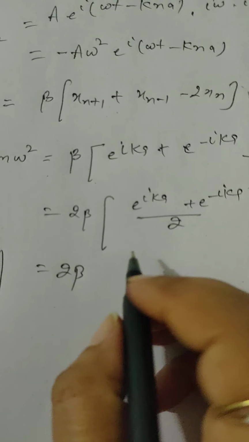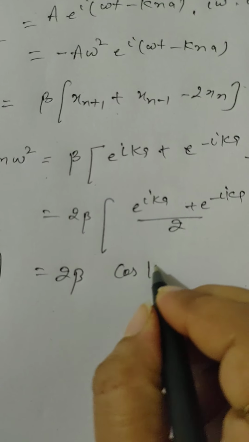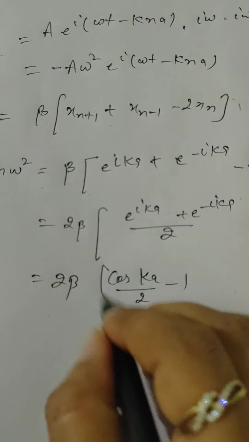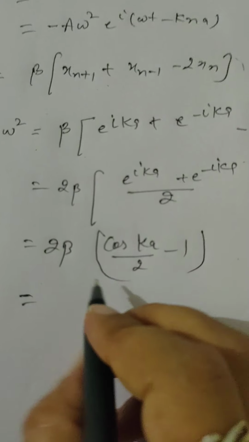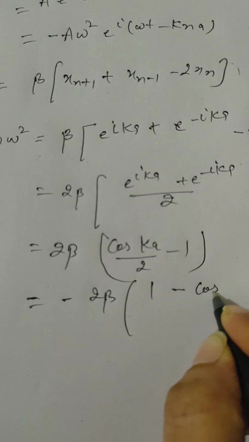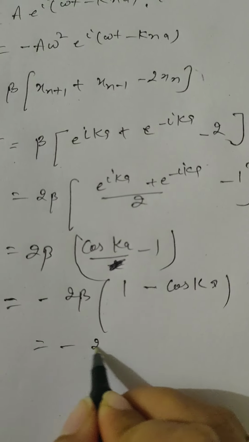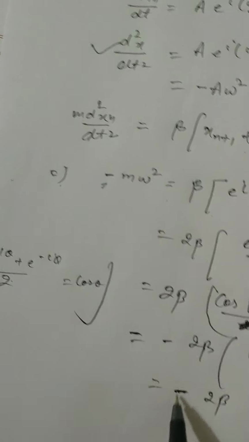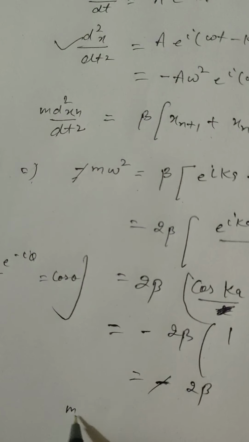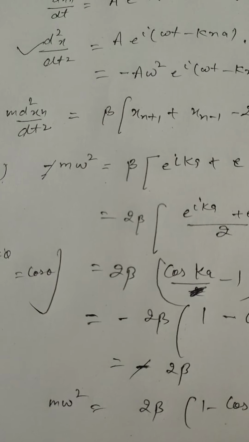So we can write this equation in terms of cos: 2 beta cos ka divided by 2 minus 1, taking the negative sign common, minus 2 beta (1 minus cos ka). Here it is minus sign, also on the left hand side minus, so the minus will balance out. m omega square is equal to 2 beta (1 minus cos ka).